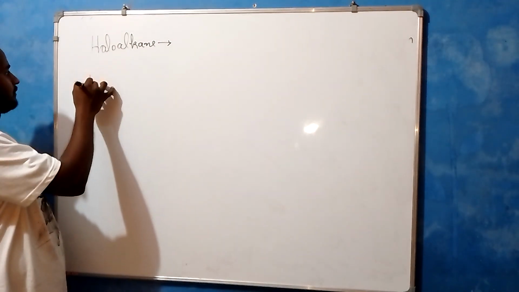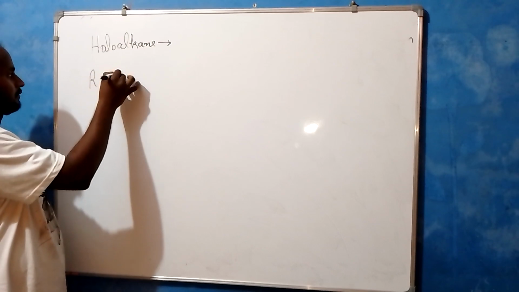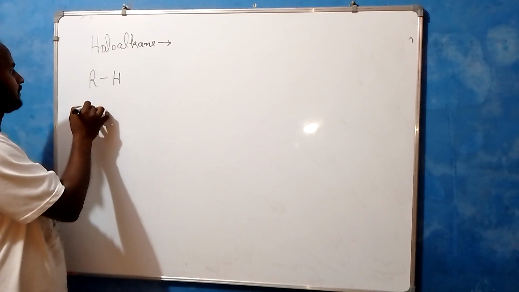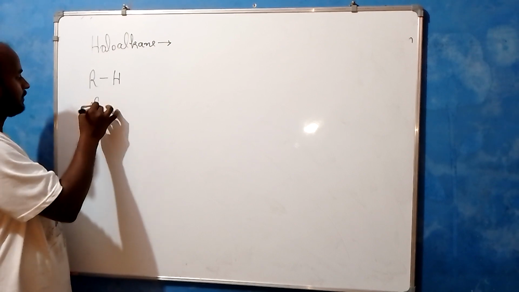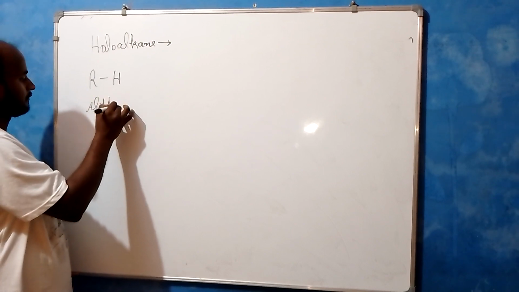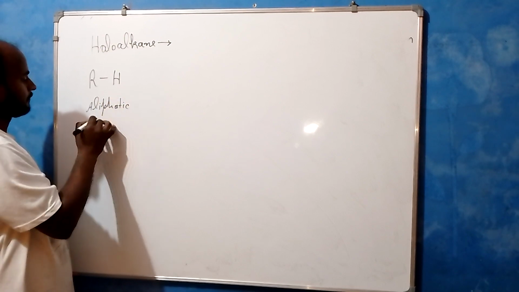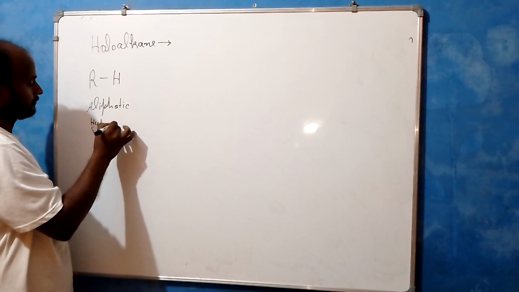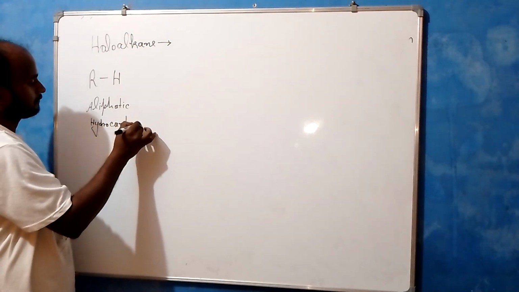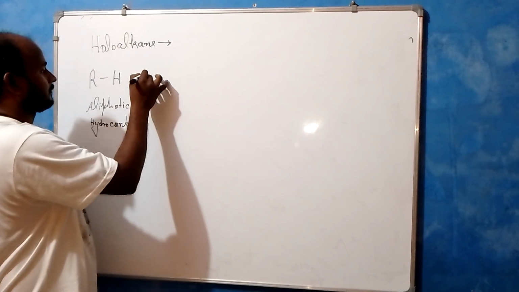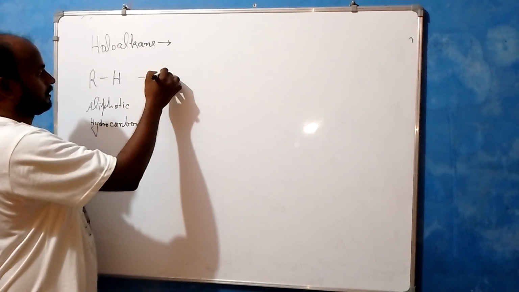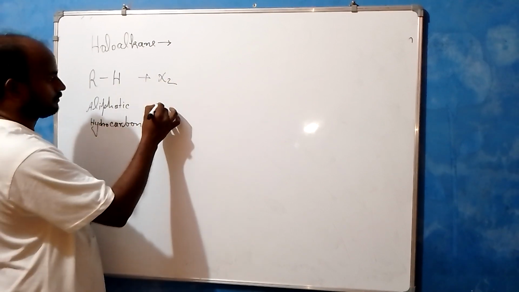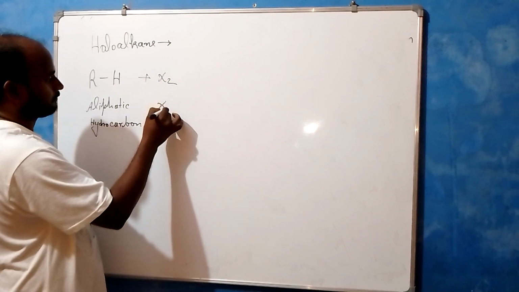Suppose that RH is an aliphatic hydrocarbon and halogen X2. X means halogen.